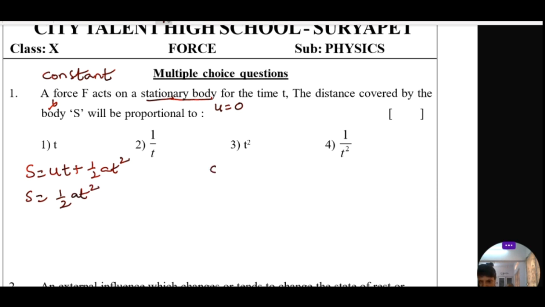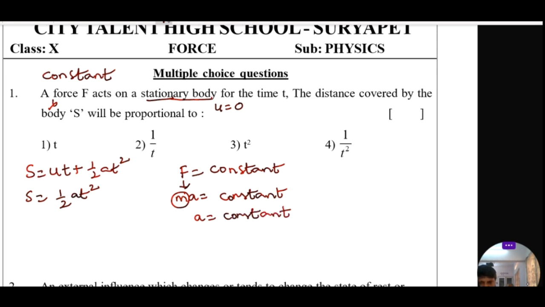We know very well here force is constant. According to Newton's second law of motion, in the place of F we can write ma is equal to constant. So if m, mass, is constant, then a is constant.